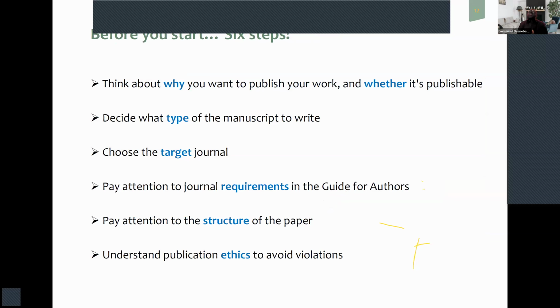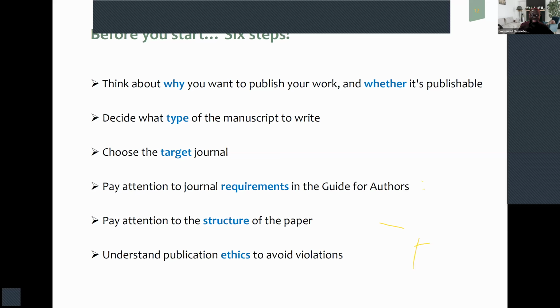So once you now know how the sentences should be structured, coherence, there should be logical flow, linking each idea per sentence, then what are the next steps? Before you start, there are 6 steps. Think about why you want to publish your work. Sometimes the works you are even trying to publish are not publishable.